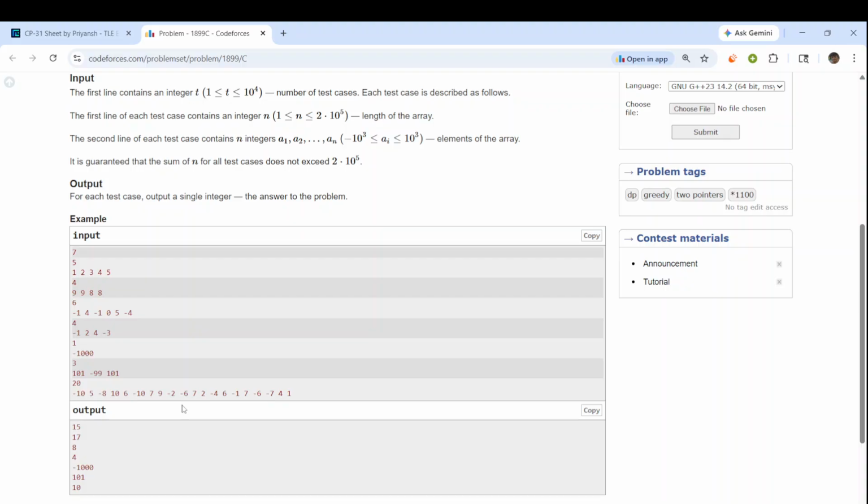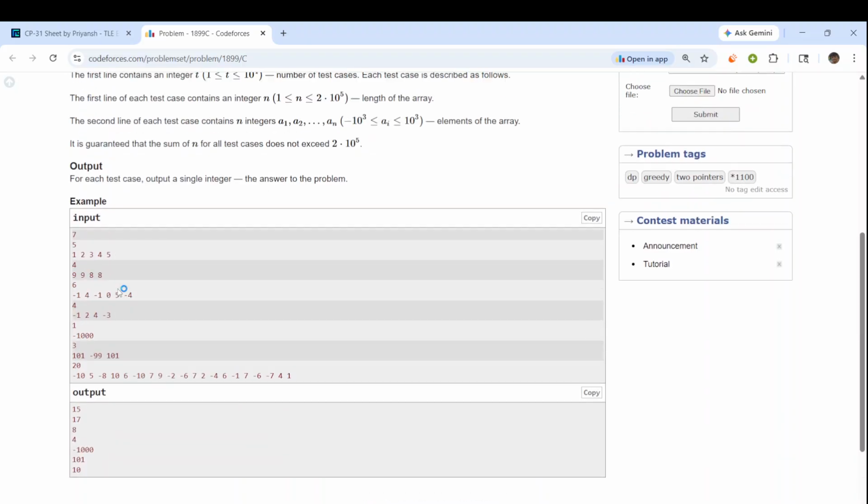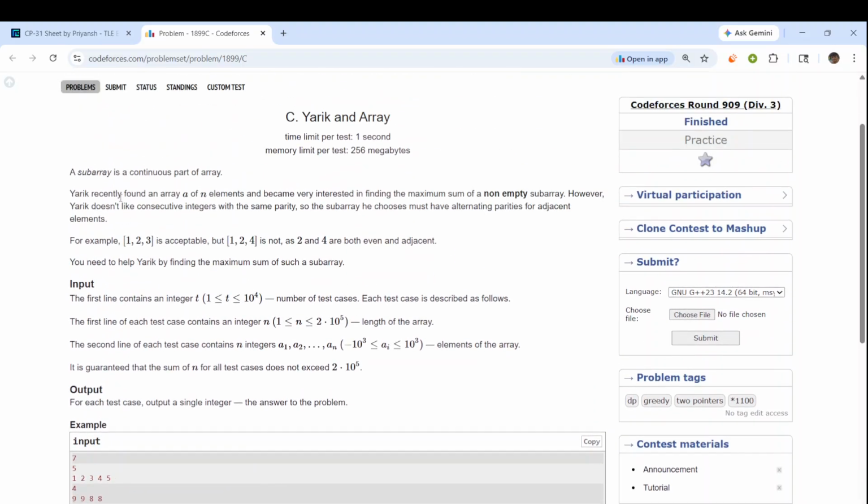Let me re-read: recently found an array a of length n.